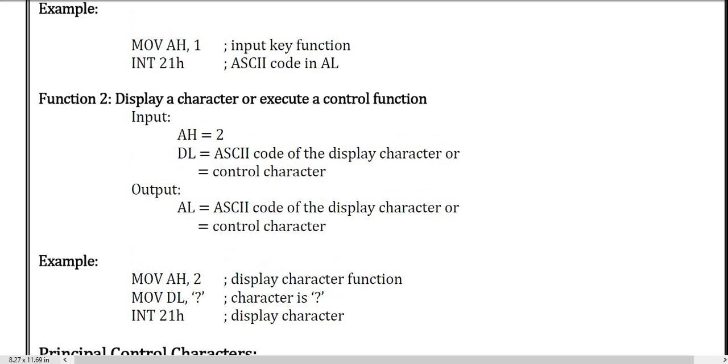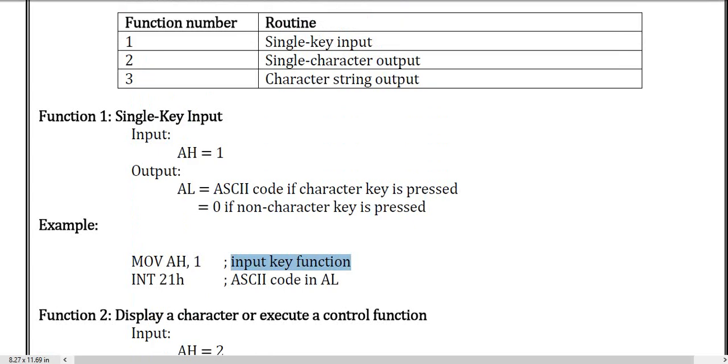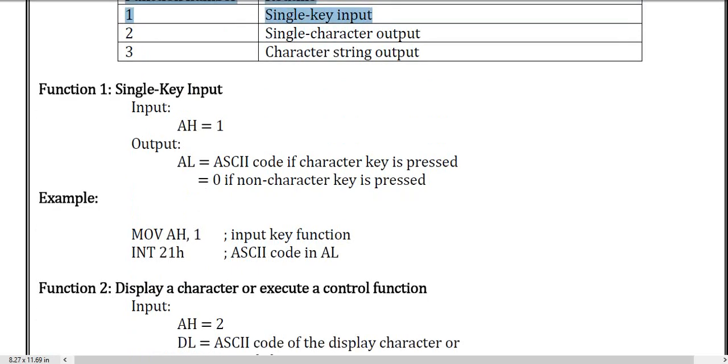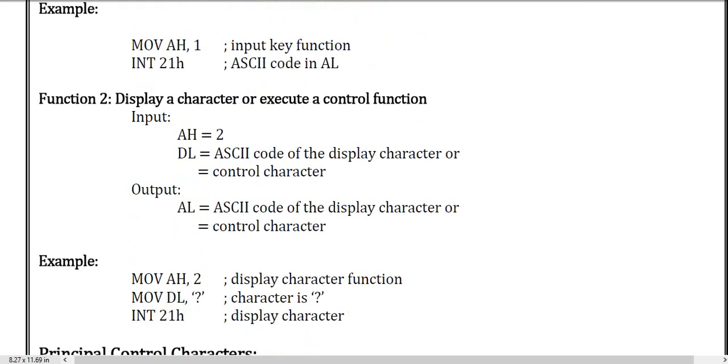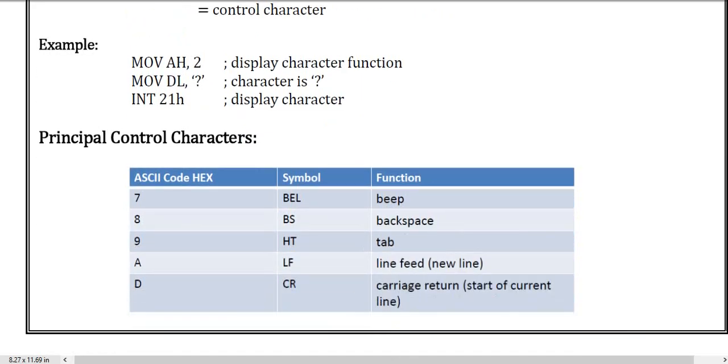By this you can see that we have used mov AH, 1. That denotes the input key function, the one for single key input. Now 2 is for character and 3 is for character string. Here we have used 2, so that's why we used it here to display characters. We have not used 3 for examples. We will discuss it later.